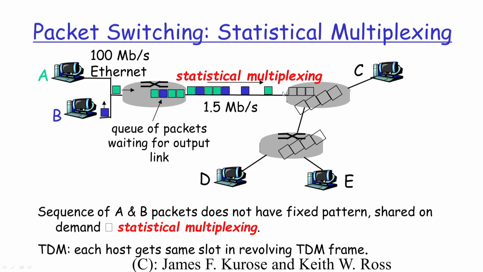You typically will not have any fixed resource allocation or a fixed pattern, and ideally it will be dependent on what network applications are running on A and B at that point in time, how busy they are, and how many packets they are trying to inject into the network to communicate with some device remotely on the network. So, based on all these parameters, at that instant of time the usage of the link will be decided, to see if it is saturated or if it is free to take in more traffic.